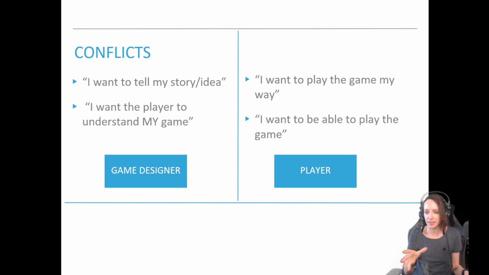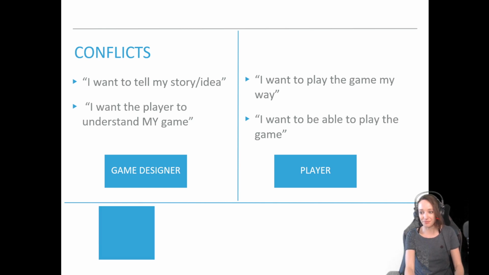So, for instance, finding traps, finding bugs, finding areas which are just not accessible or too difficult, and really in the end bring together the game designer's concepts, so that the player is able to see and explore all those concepts in the best way possible.